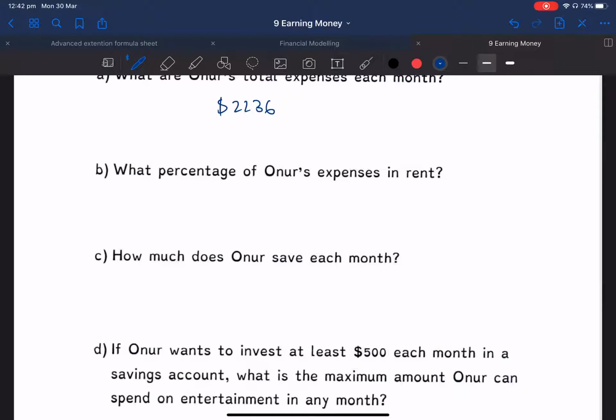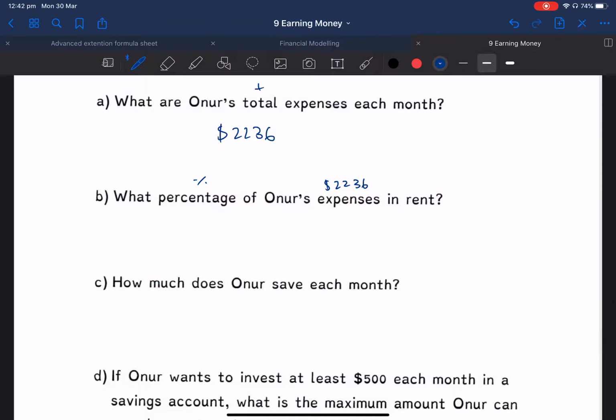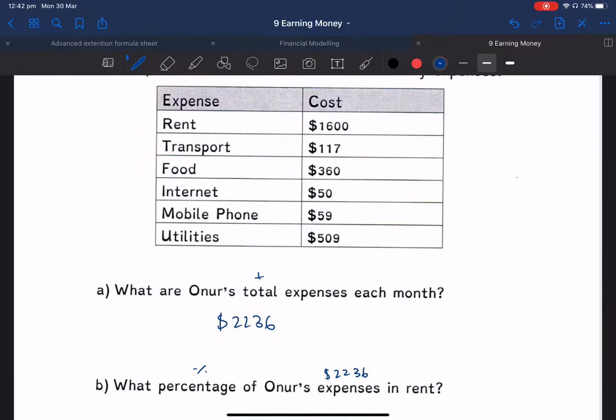Okay, so now we're going to look a little bit at percentages, which can be a little bit tricky. All right, we're looking at what percentage of his expenses. Now keep in mind, we just figured out what his expenses was. That was that 2,236. We want to know what percentage is rent. So what we're going to do at the start is we're going to figure out, well, how much is rent? And that's going to be this up here. So it's $1,600.